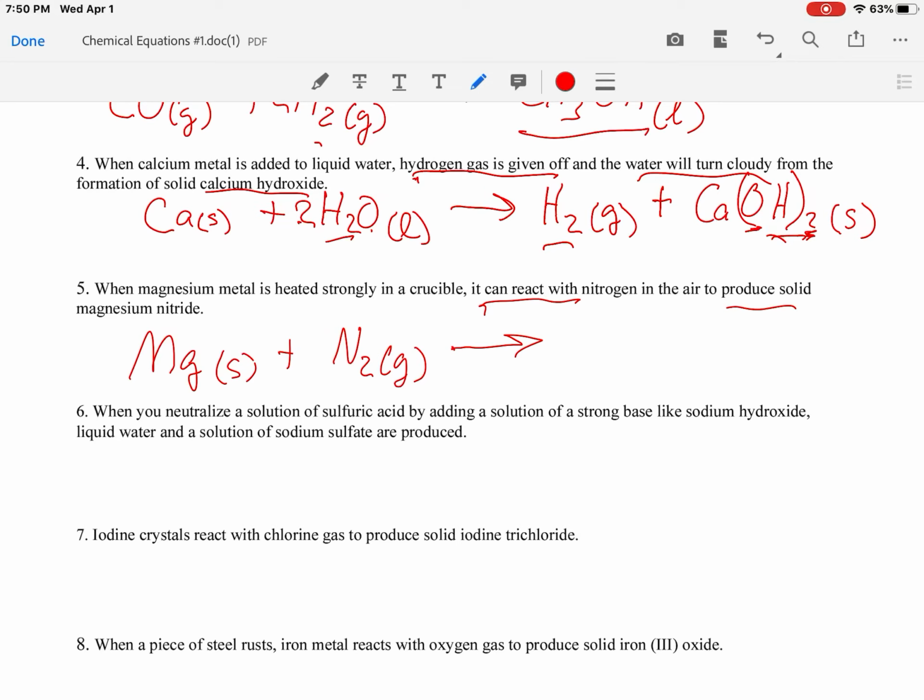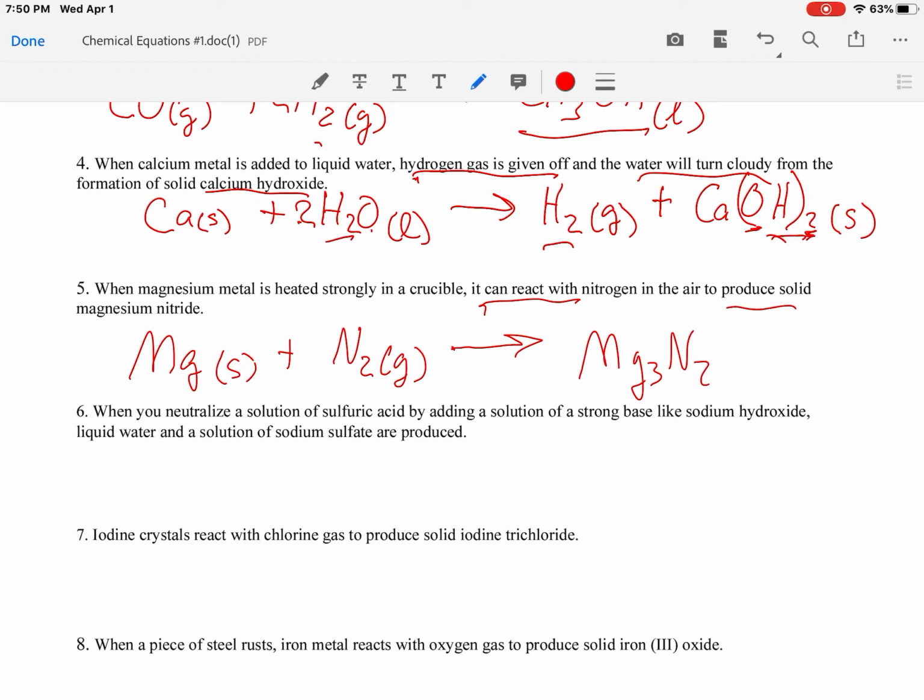So magnesium nitride, let's see, magnesium is in the second column, so it's a +2. Nitride is 3 blocks away from the noble gases, so it's a -3. So we've got a +2 and a -3. So we do that thing that we've done 100 times, and that is 3 of these and 2 of these to balance out those charges.